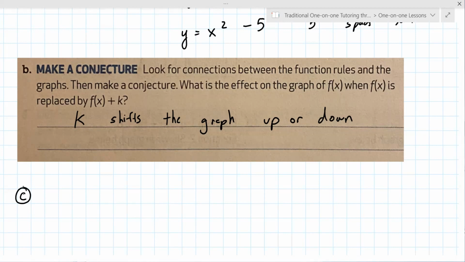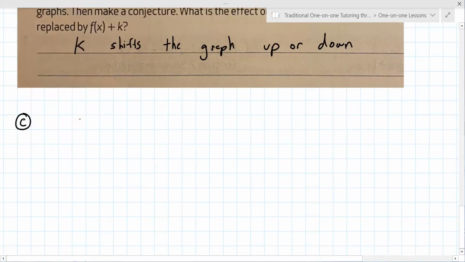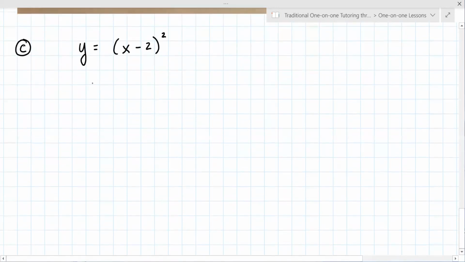All right. C. Okay. So we're going to make another graph. We're going to graph y equals (x minus 2) squared. To do this, we're going to make another table: x and then y equals (x minus 2) squared.